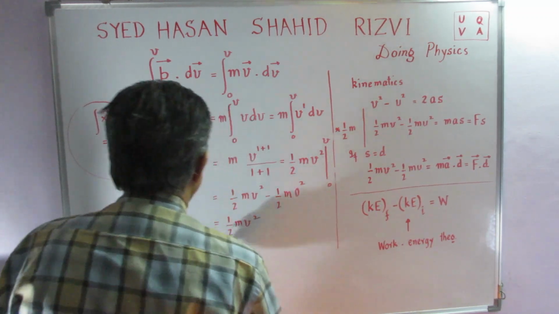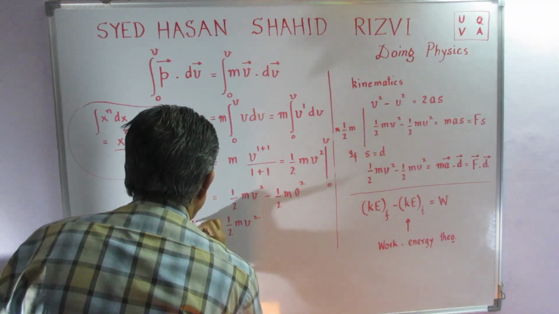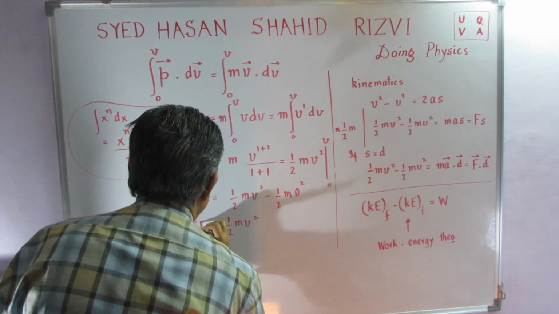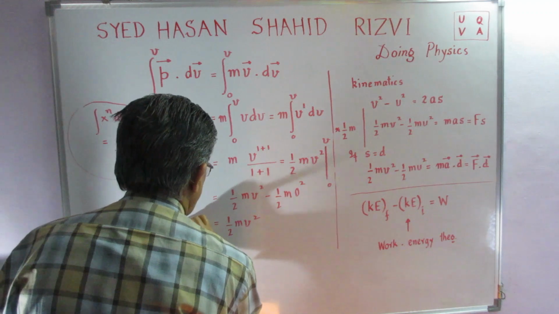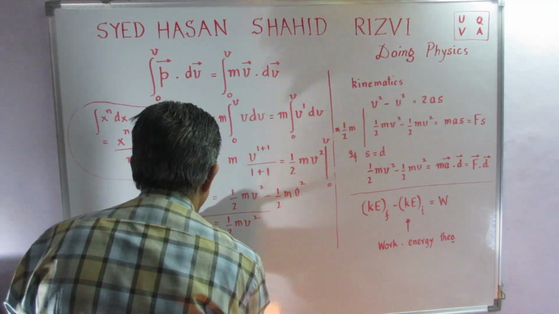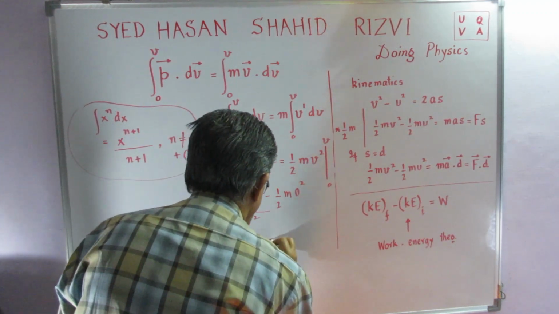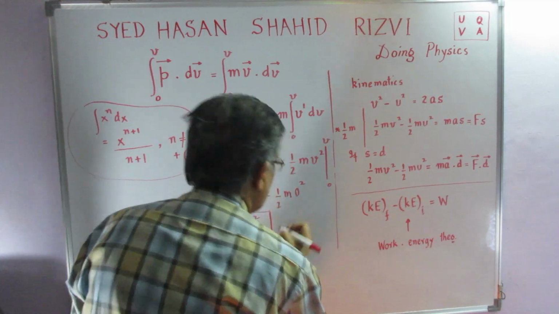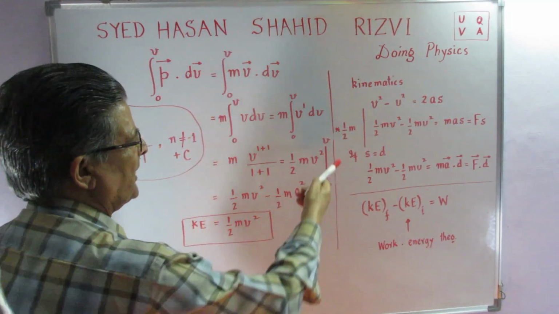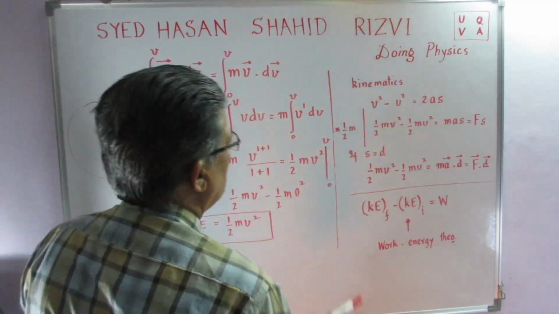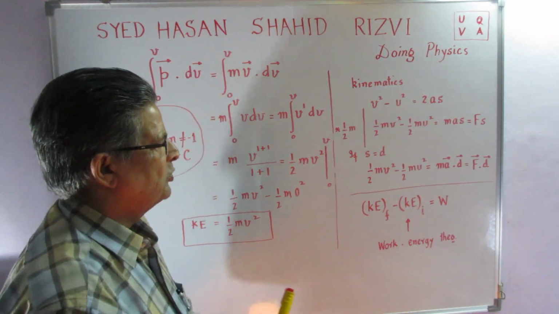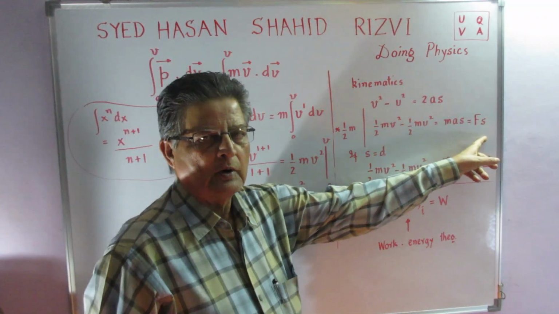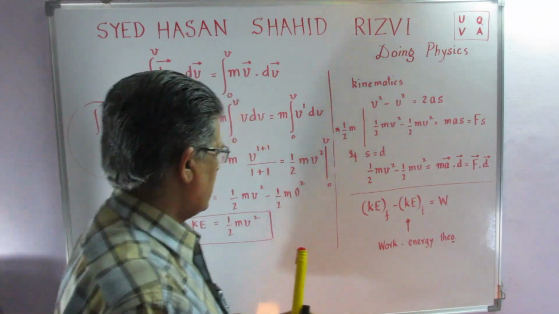So this is my beautiful relationship for what we define as the kinetic energy, the definition of kinetic energy in kinetics, which we obtain from the kinematical relationship over here by multiplying it by the mass of the body. The difference of the two kinetic energies is equal to the work done over there.